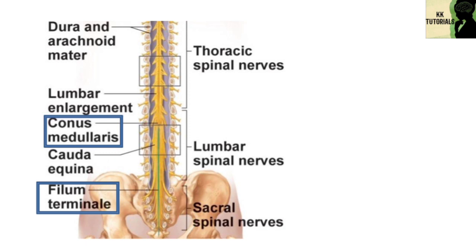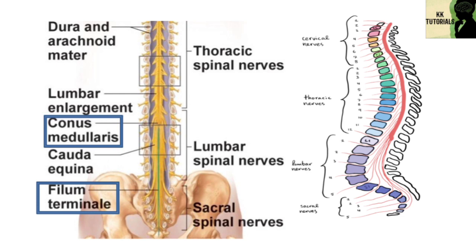Spinal cord shows two swellings along its length called cervical and lumbar swelling. 31 pairs of spinal nerves arise from lateral sides of the spinal cord. These nerves are concentrated in the region of cervical and lumbar swelling and around the conus medullaris.